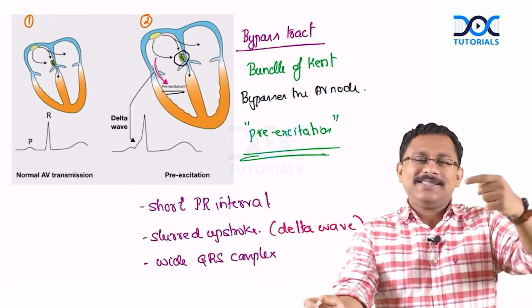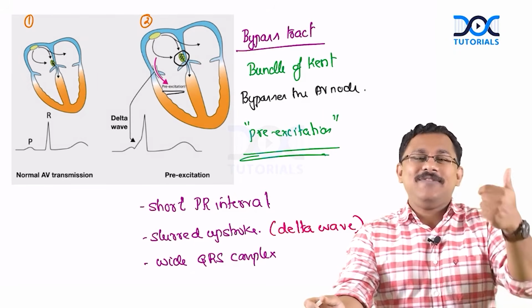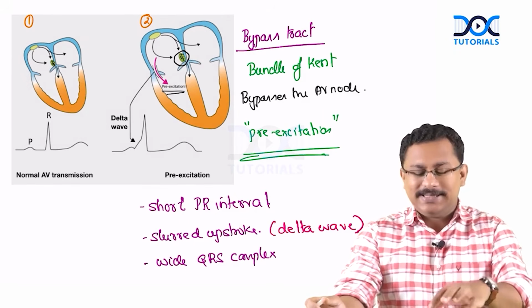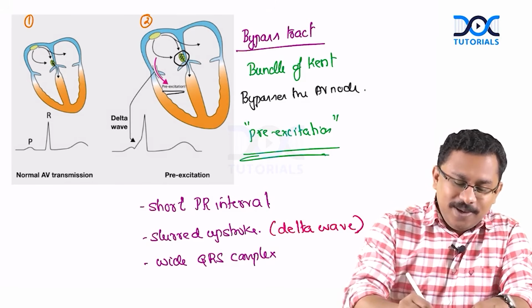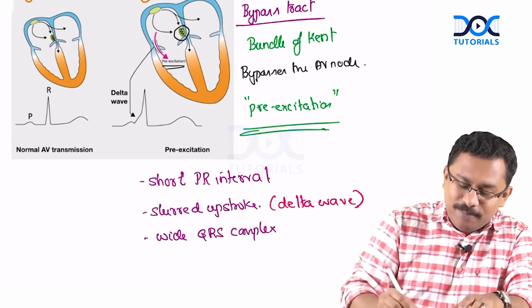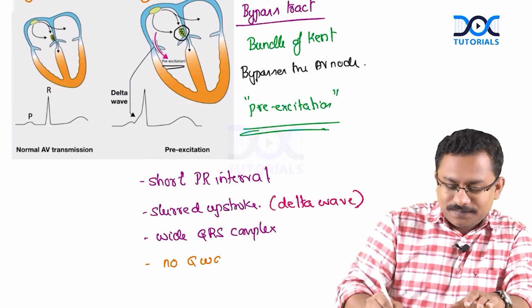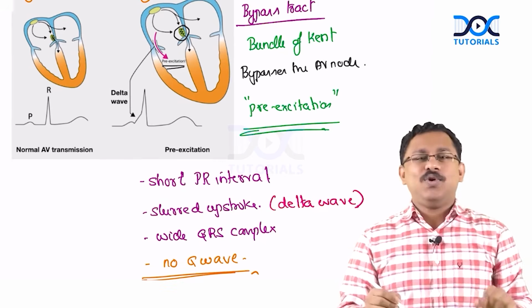But here the impulse is actually directly coming to the ventricular myocardium. So the initial step is not the septal depolarization, and very, very importantly, there will not be a Q wave. There is no Q wave.